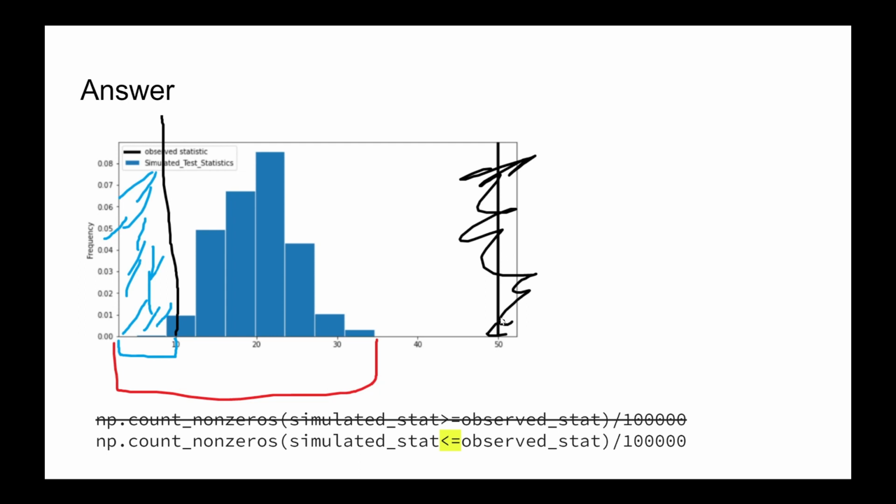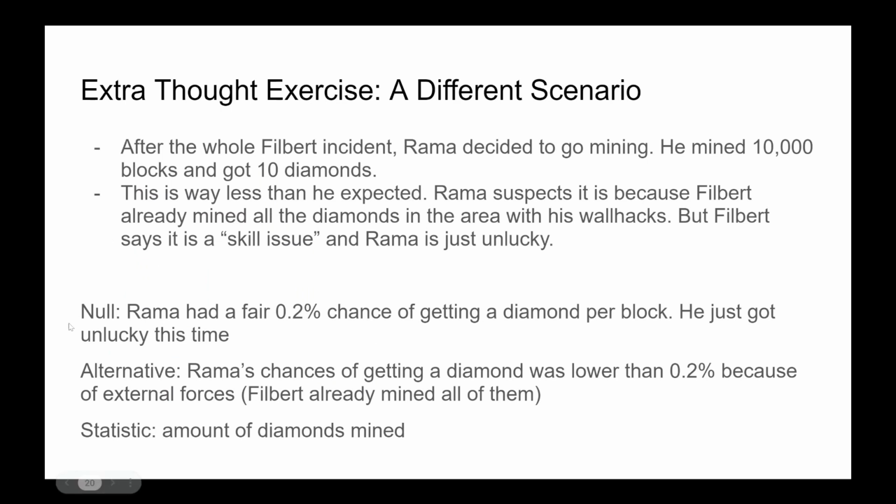That's why in our definition of p-value we use the words at least as extreme as. We don't say at least as large as or at least as small as. We say at least as extreme as. And whether that extreme is supposed to be larger or smaller ultimately depends on the null and alternative hypothesis.